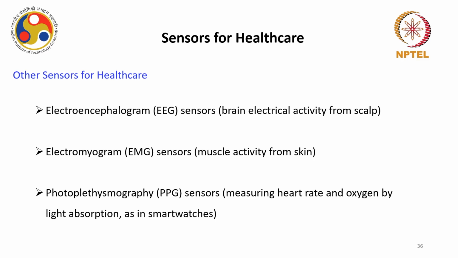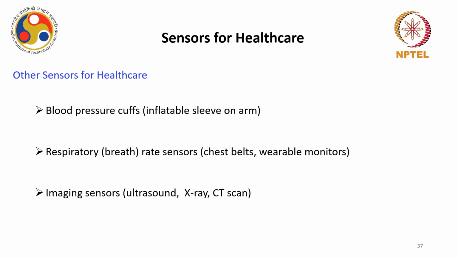For example, PPG sensors measure heart rate and oxygen by light absorption. Similarly, you have EMG and EEG for muscle activity from skin monitoring, and brain electrical activity from the scalp. You have blood pressure monitors.